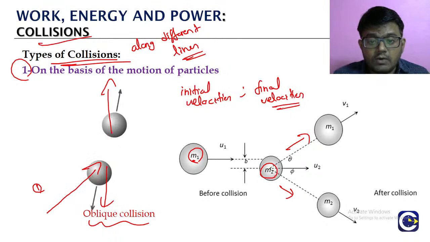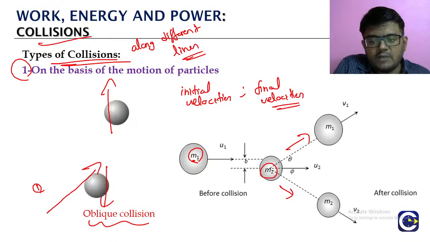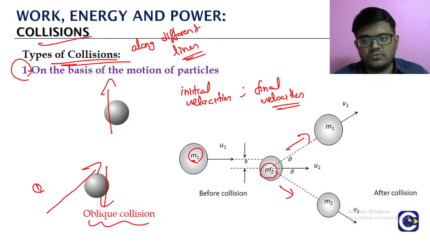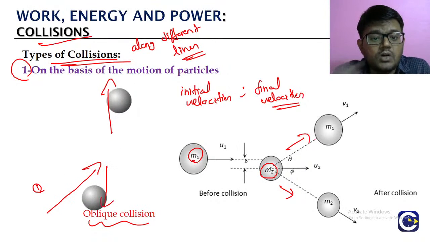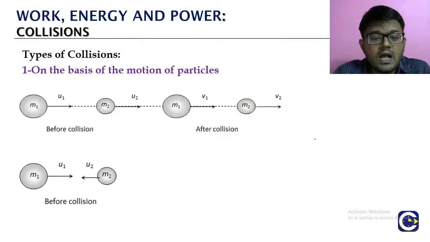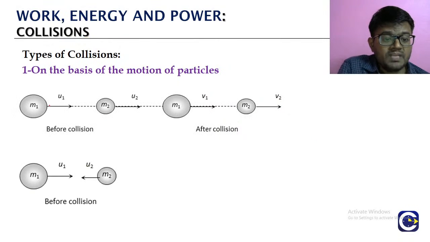Then what do you call it as? Generally we will call it as oblique collision. What is happening? If an object m1 is coming and hitting the m2 like this, usually one will go this way and the other will go in the other direction. So we will discuss these oblique collisions in detail, but this is what we call the oblique collision.